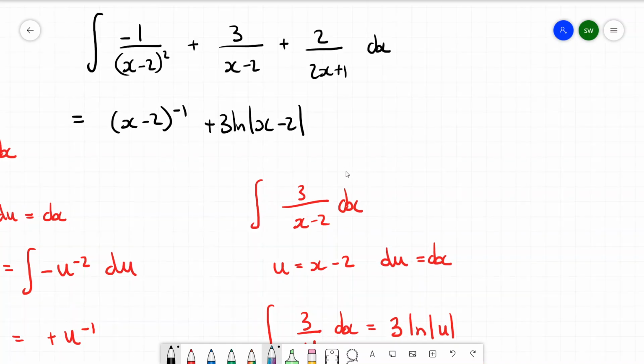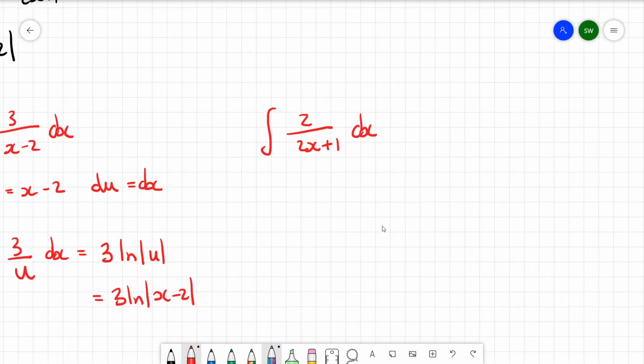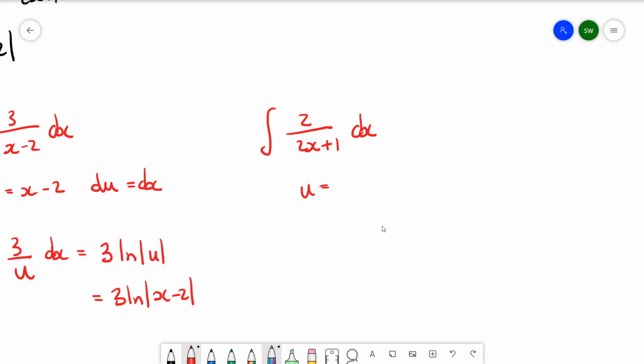And then finally, we can integrate this last term. We're going to have the integral of 2 over 2x plus 1. So we're going to say u is equal to the denominator, 2x plus 1. And so du by dx is equal to 2. And this tells us that dx can be replaced with a half du.